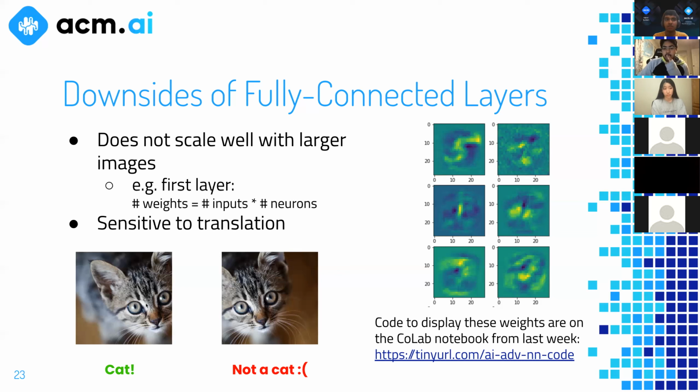Maybe it weighs the right side of the picture really highly for cats, but not the left side. So moving the cat from the right side of the image to the left side will make the network no longer recognize it as a cat, even though it's clearly the same cat, just shifted over a bit in the image.